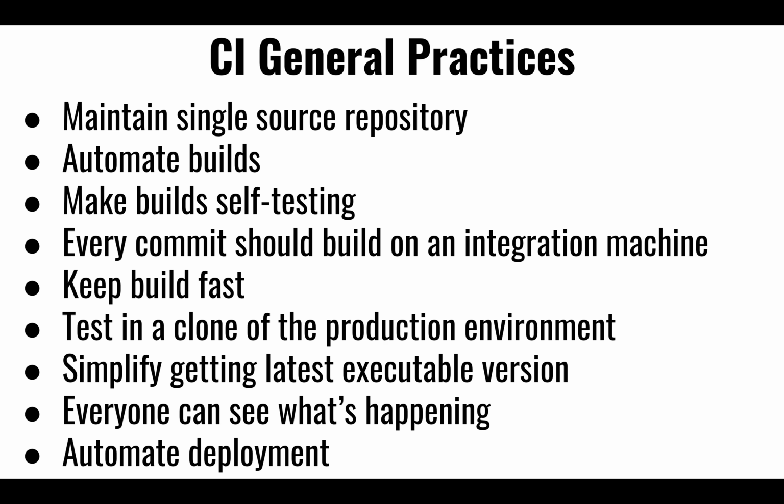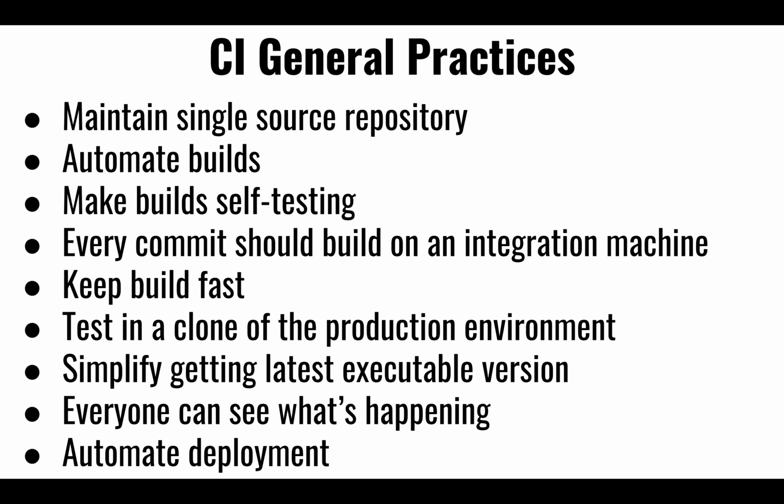Every single commit that we make, we run the tests locally, right, and make sure that it makes it all the way to the integration machine to see if the integration tests run. We want to keep the build fast, right? If every time we commit something the tests run and it takes 5 minutes, folks are just going to be discouraged from committing things frequently, right?